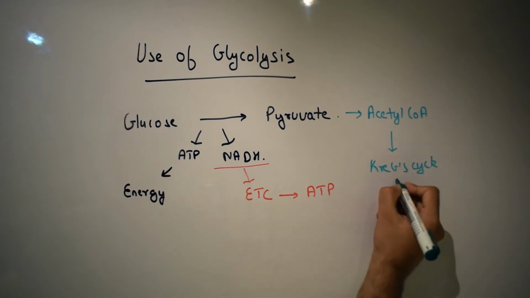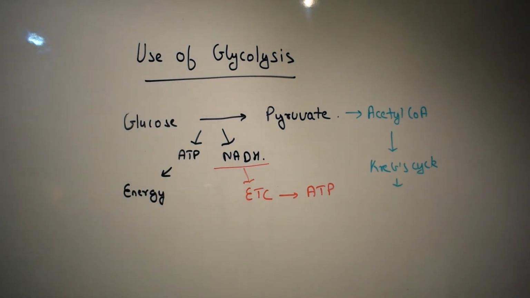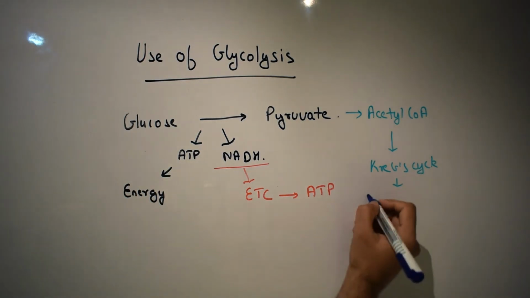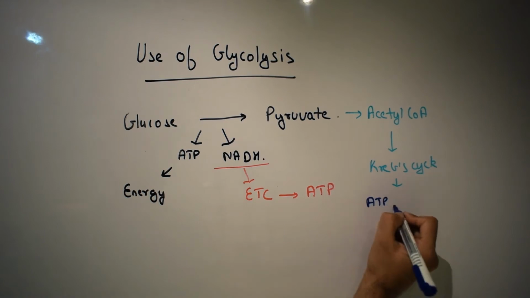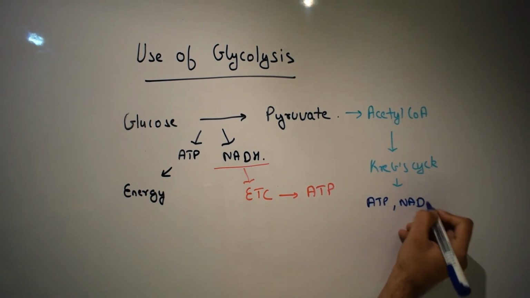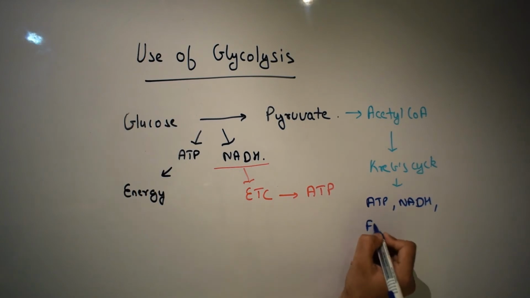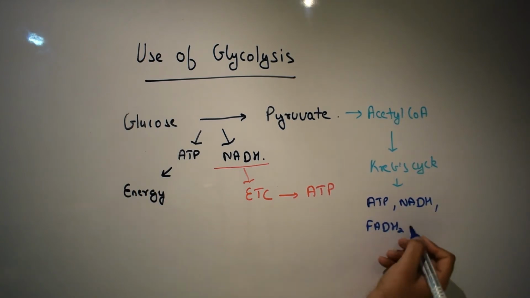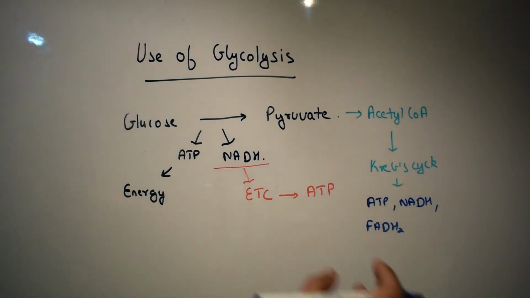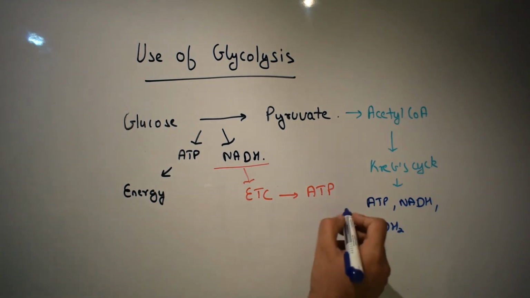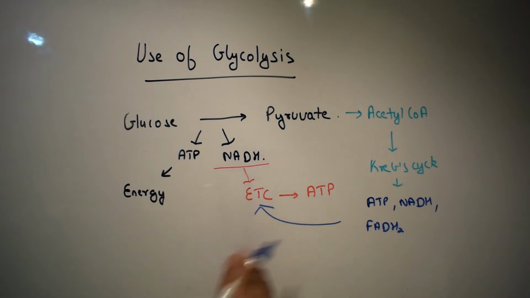Through this Krebs cycle more ATP, more NADH, and FADH2 are produced in the cycle, and they are fed back into the ETC, which again leads to the formation of ATP.